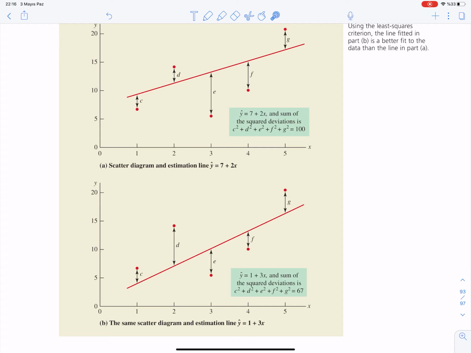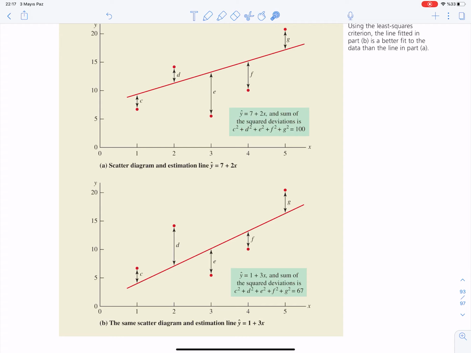To understand which line is fitting better, we square the distances. So this is a distance C, D, E, F, G. You square this distance and this one and this one and this and this, and summing up the squares, this becomes 100. The smaller one is the better one.